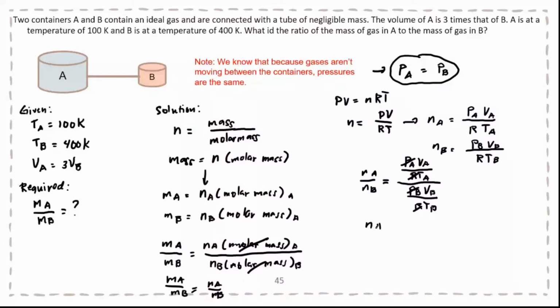So nA over nB is equal to, from the problem, VA is equal to 3 times VB.